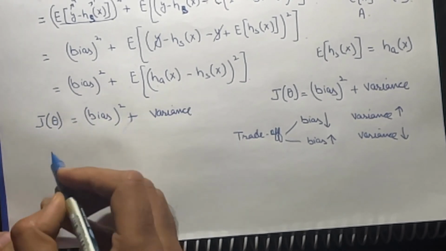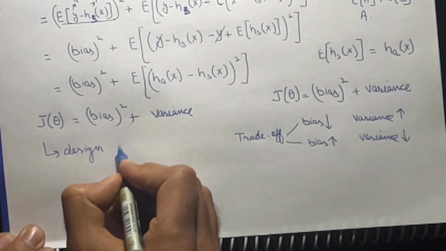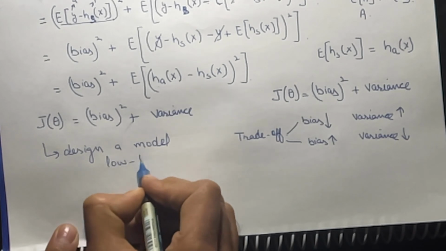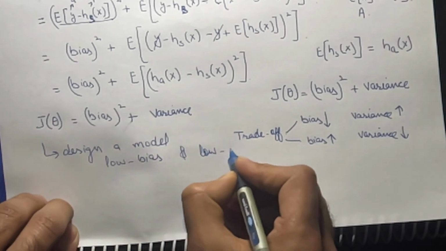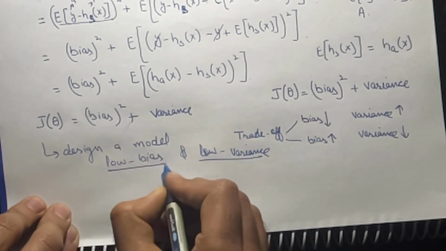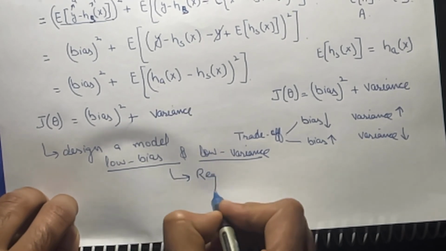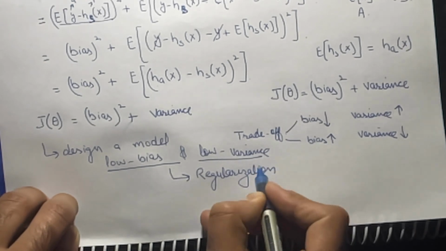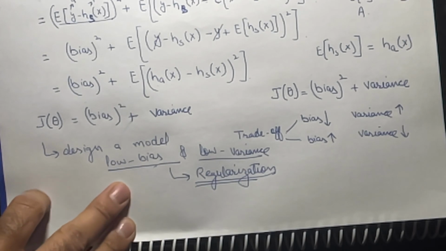Now our aim is to design a model that has low bias and low variance, and that will be the discussion of our next lecture. And in that lecture we will discuss about the regularization. So in regularization we will try to make low bias and low variance models.